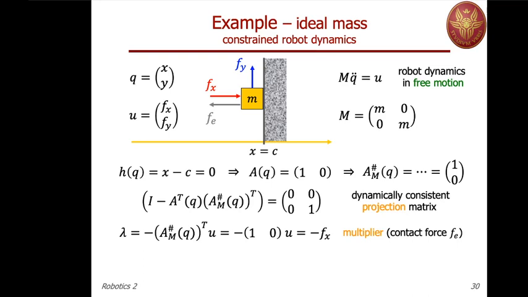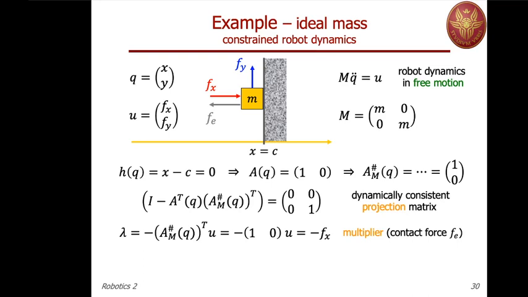Indeed, the same holds true if we try to get out of the contact, because we are now modeling a situation in which the contact becomes a bilateral constraint. Indeed, we cannot enter into this infinitely stiff surface, but we cannot even abandon it because we are constrained to be there. So the lambda will be positive or negative depending on whether we are applying, vice versa, a negative or positive f of x.